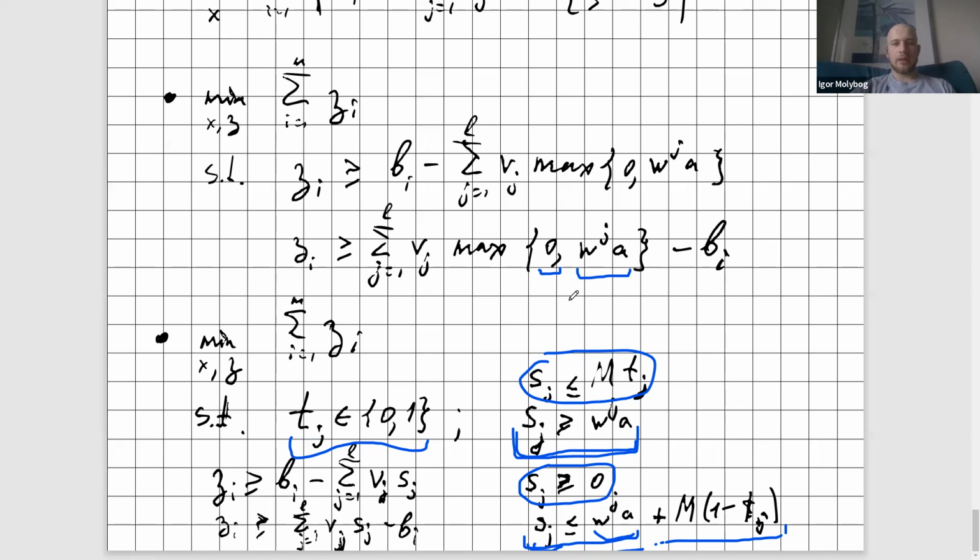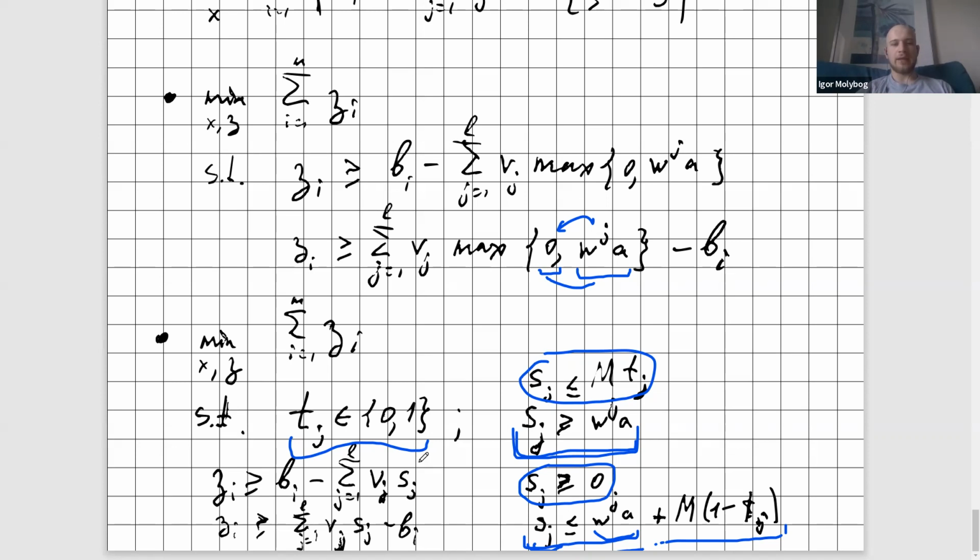And SJ is the value itself, it's the value of the maximum. So TJ is telling us in which case we are, and SJ holds the value of the maximum between the two.